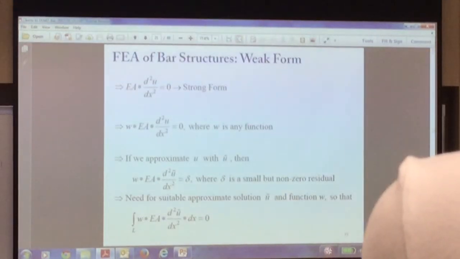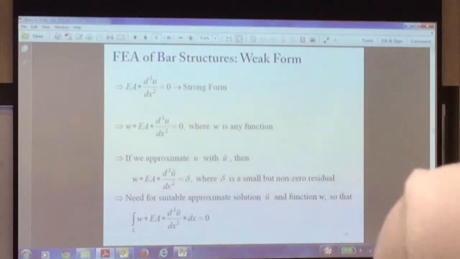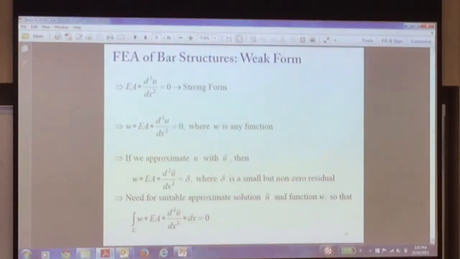The problem here is that in some cases you cannot get an exact solution for the displacement u. So to be able to get a value for that displacement u, you probably have to do an approximation method, and one of them is finite element. So let's have a look at this one here.